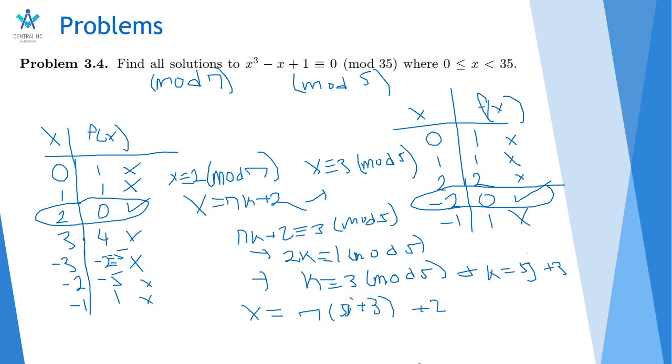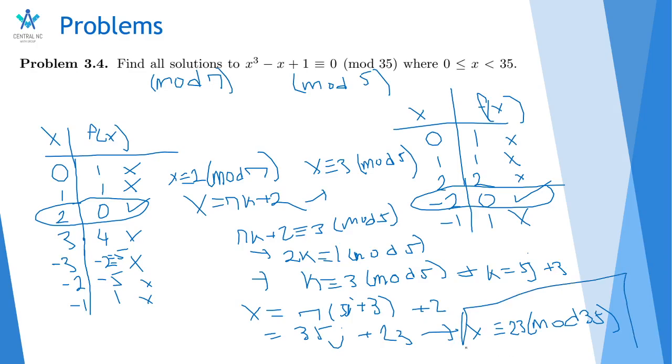That gives you 35j plus 21 plus 2, which is plus 23, so x is congruent to 23 mod 35. And that is your solution to that cubic in modular arithmetic, which is definitely weird, but once you work it out, isn't too bad.